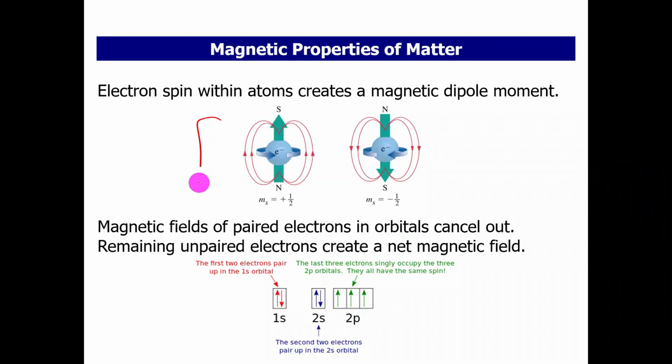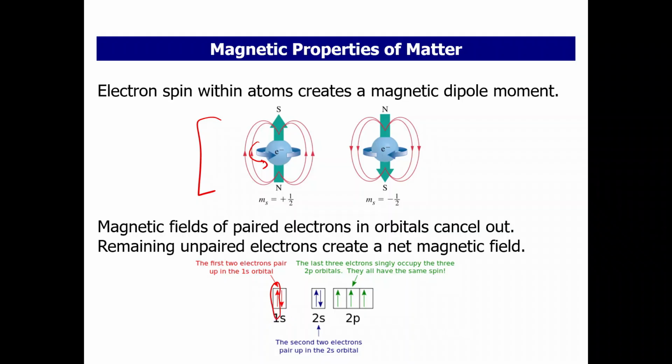For example, this one is spinning with the electron in the counterclockwise direction. What that's doing is creating a north pole and a south pole. Our field lines tend to go from north to south when we draw them, but the overall inside of that electron is creating this north to south direction, which is what this green arrow represents.